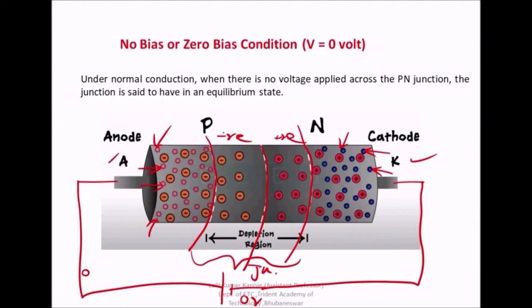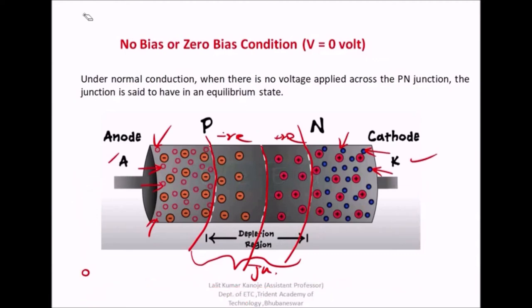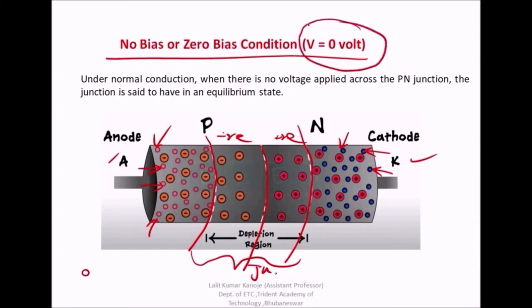If somebody tells you to connect a 0-volt battery across the diode, that means do not connect anything across the diode. This is called the no bias condition, or zero bias condition, when no external battery is connected to the diode. So this is my first condition.